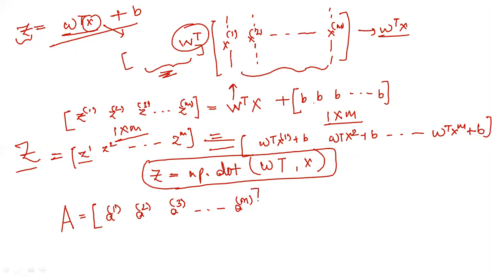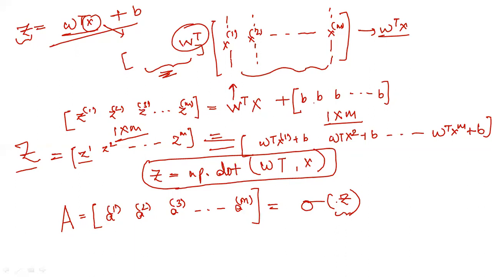So definitely we have to go from a1, a2, a3 till am, and that would be equal to sigmoid of z. Here this is the capital Z that I am writing.